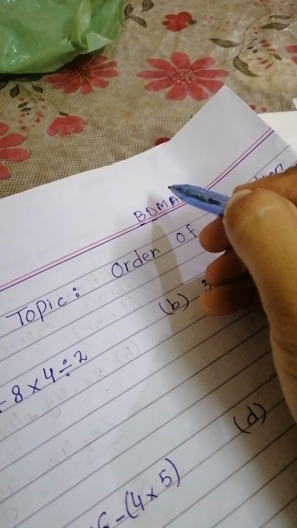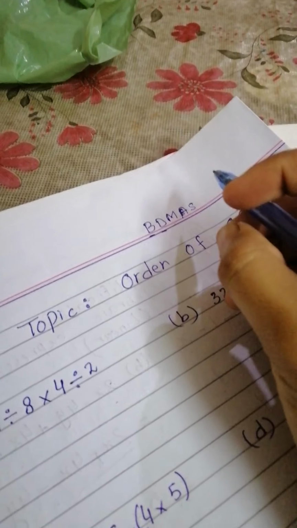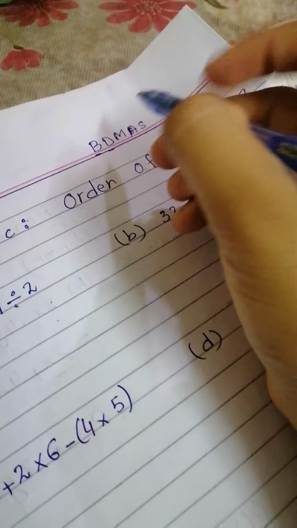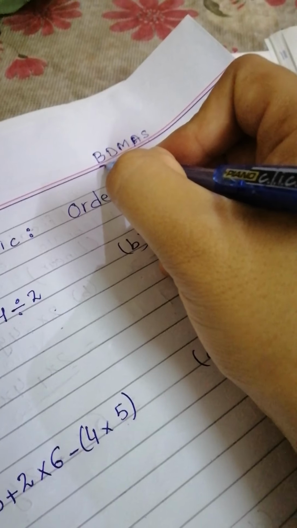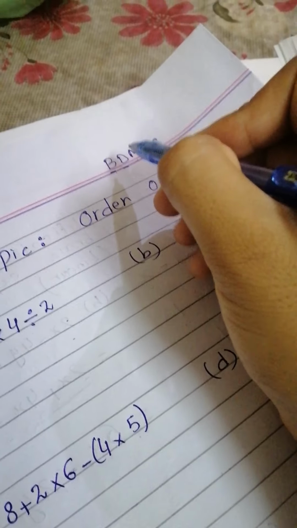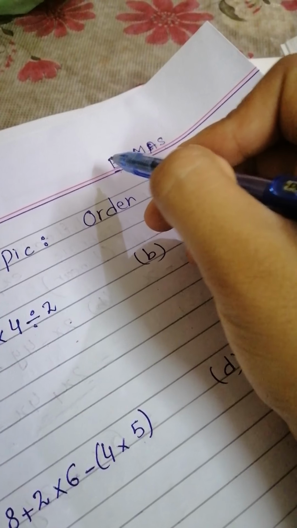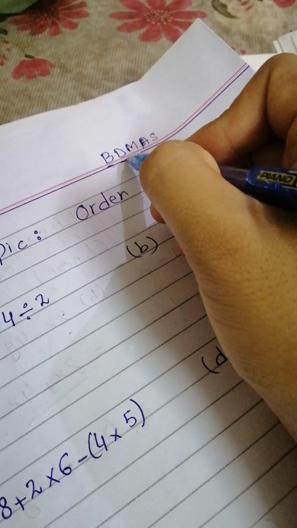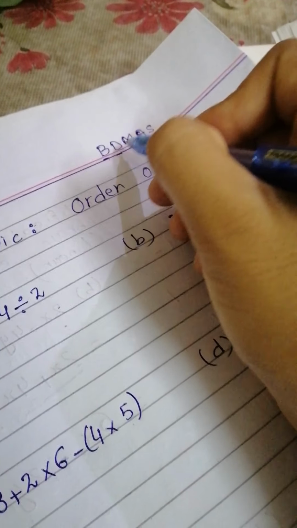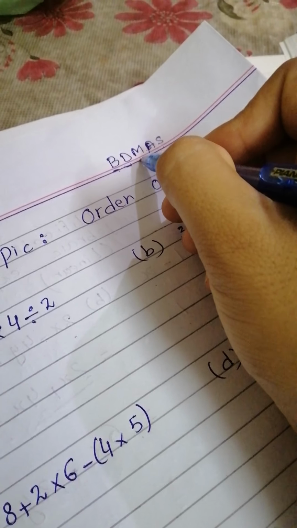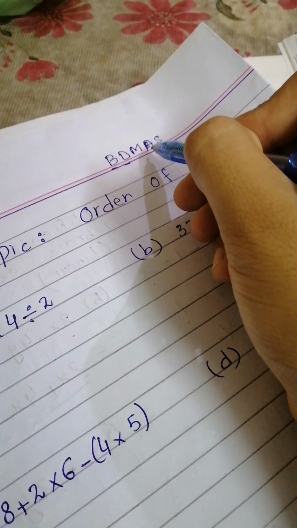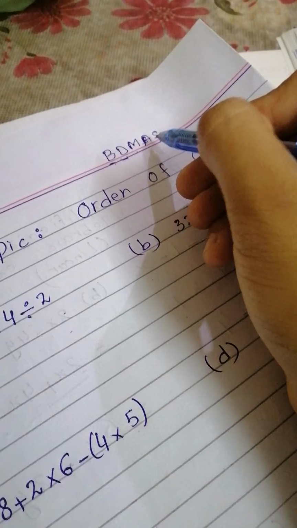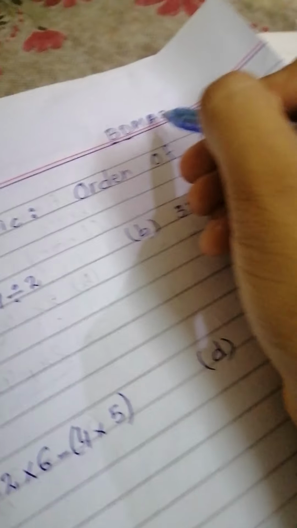Meaning, if you see a bracket in the question, then you will solve the bracket first. After the bracket, if division is involved, you will divide, and after division you will do multiplication, and after multiplication you will solve addition, and after this you will solve subtraction, right?